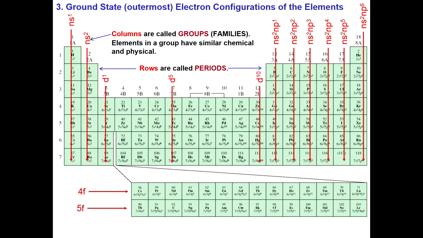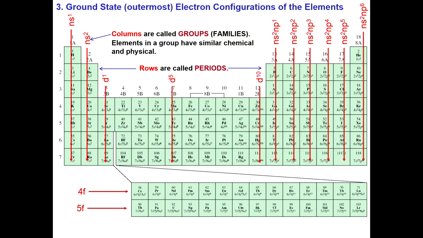Because it only has one electron there, all elements in this group have the electron configuration like NS1, and in this group it is NS2.